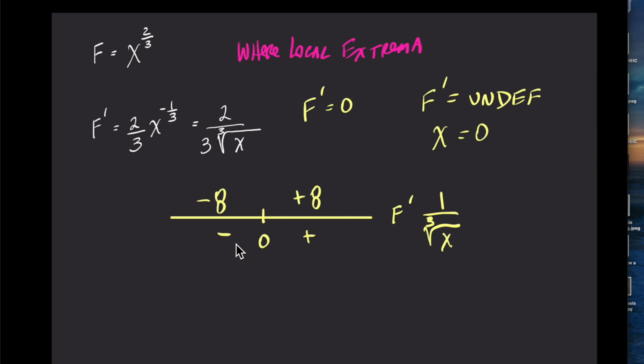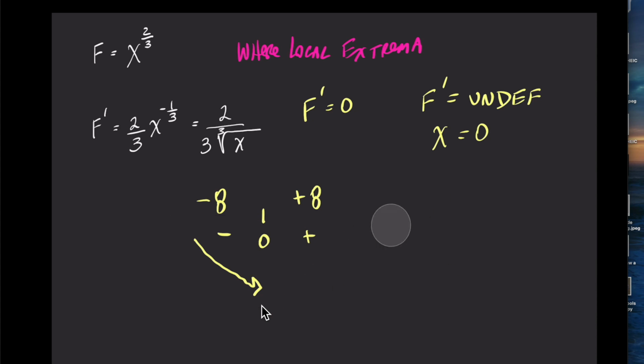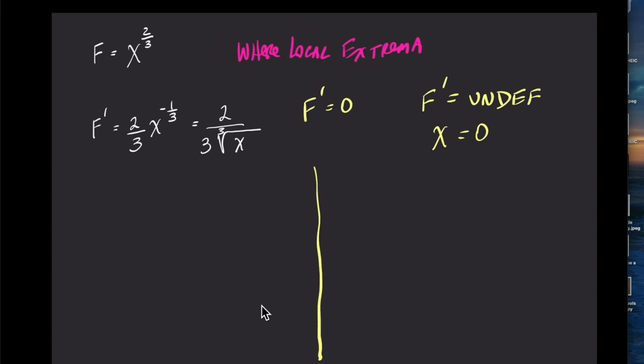So we know, folks, that this graph is decreasing here and it is increasing here, and this will be a local minimum. Now, the importance of this is recognizing that you can't forget to set f prime to undefined. If you just relied on setting it to 0, you would have missed that local extrema. You have to set it to both equal to 0 and equal to undefined.